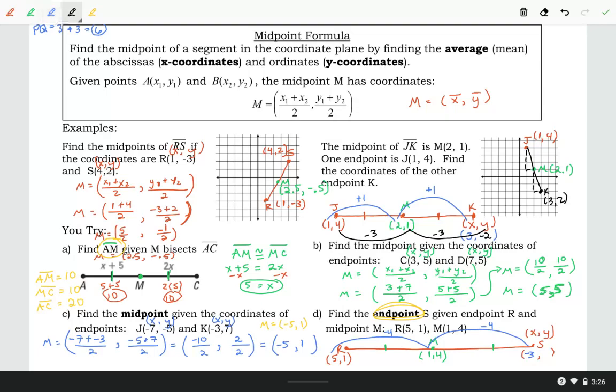Now we look at our Y's. To get from 1 to 4, we added 3. So to get from 4 to the y value of our other endpoint, we need to add 3. So 4 plus 3 is 7. So S is the point -3, 7.